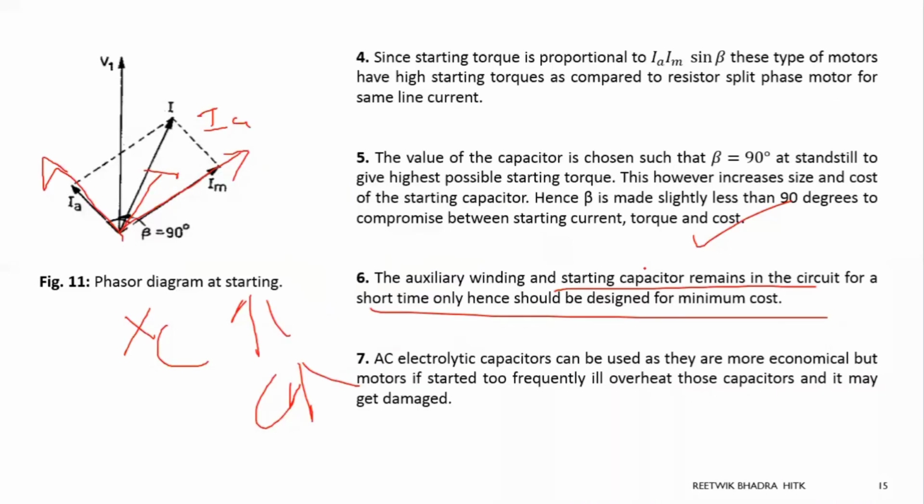So generally AC electrolytic capacitors, which are more economical, are used, but they have a little bit of disadvantage if you are using this type of motor in an application where it is turned on and off very frequently. That means its duty cycle is very high. Then those electrolytic capacitors can burn out.